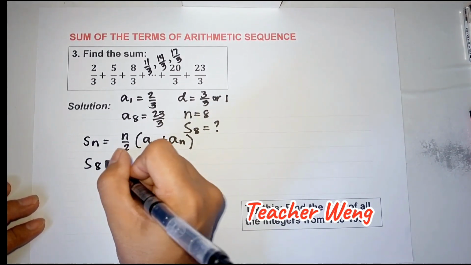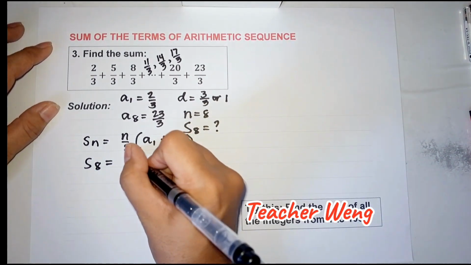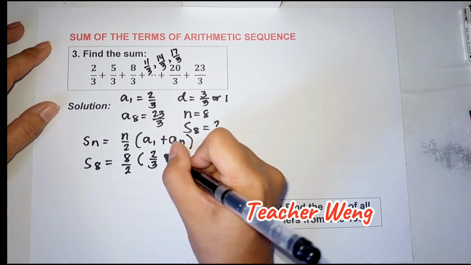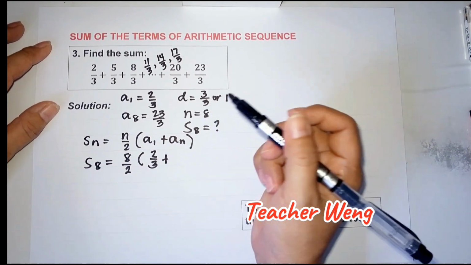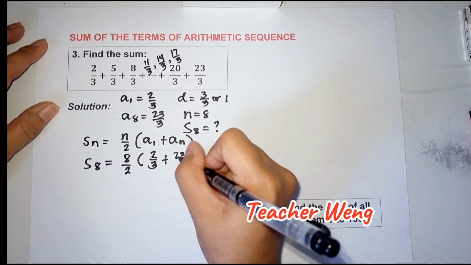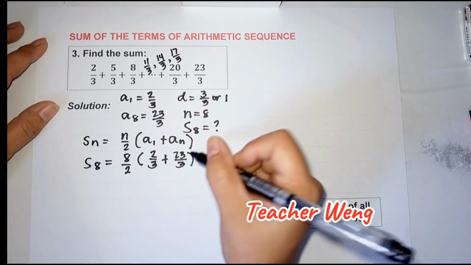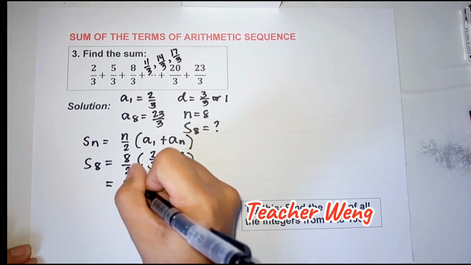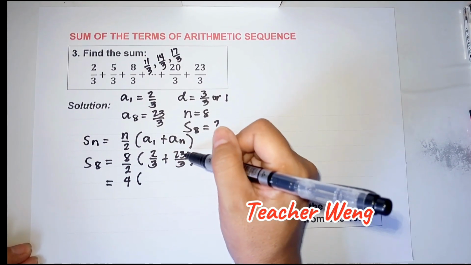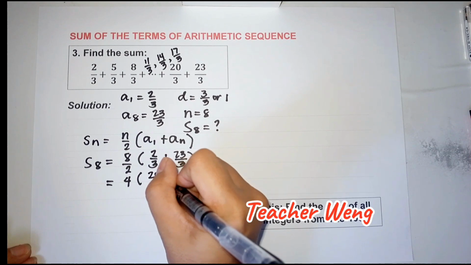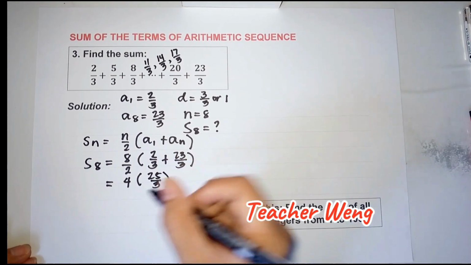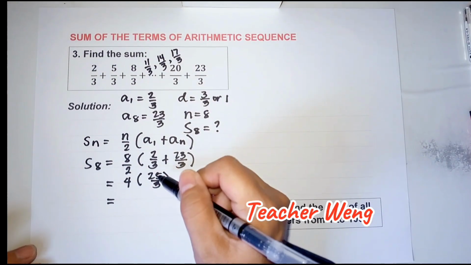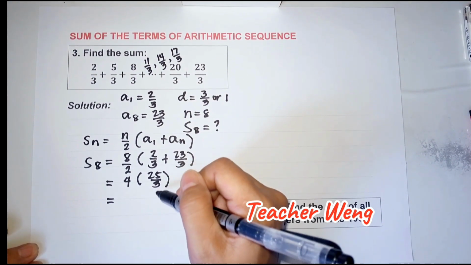So S sub 8 is equal to 8 over 2 times a sub 1, 2/3, plus a sub n, the last term, 23 over 3. 8 is divisible by 2, and that is 4. 2/3 plus 23 over 3 is 25 over 3. 25 is not divisible by 3, so we proceed to multiply. 4 times 25 is 100 over 3.